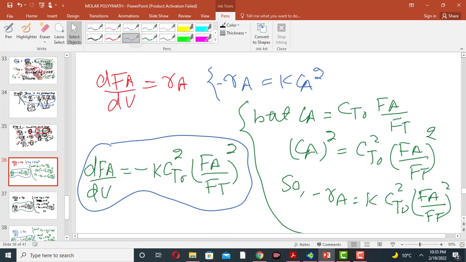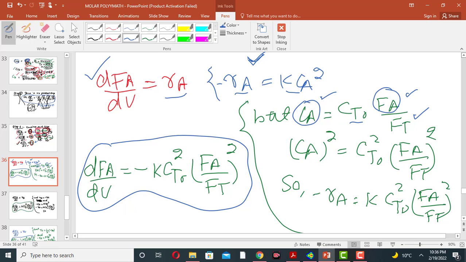So dFA divided by dV is equal to RA, but from the rate law of this elementary reaction, minus RA is equal to kCA squared. From the relation between flow rate and concentration, we obtained that CA is equal to Ct0 times FA divided by FT.